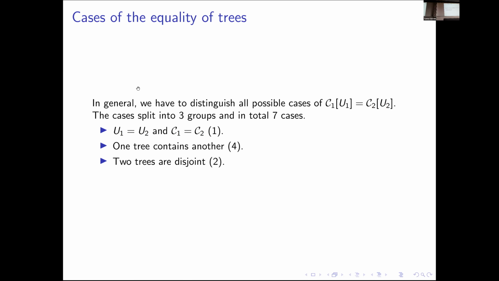Or the two trees are disjoint, because these two substituted trees represent disjoint positions, and then it is possible that one is in the left subtree and one is in the right subtree, and also the dual case.